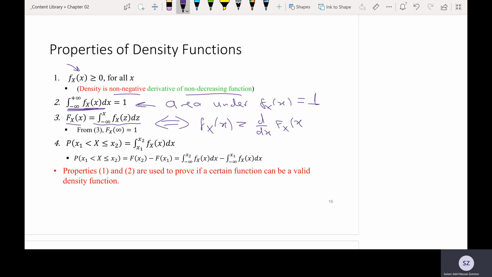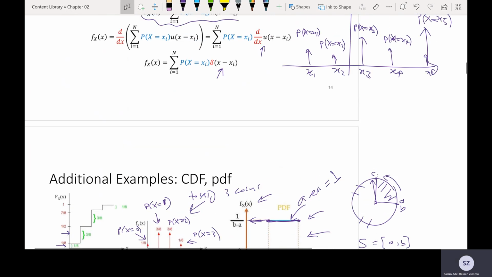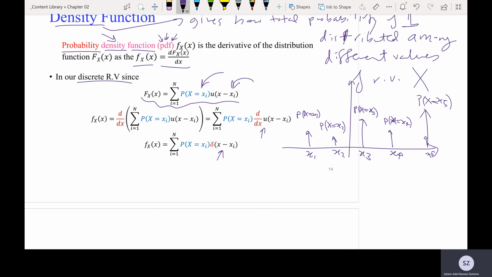I forgot to tell you about the notation. The CDF is capital F. The PDF is small f. Sorry. So small letter f indicates the PDF, while capital letter F indicates the CDF.